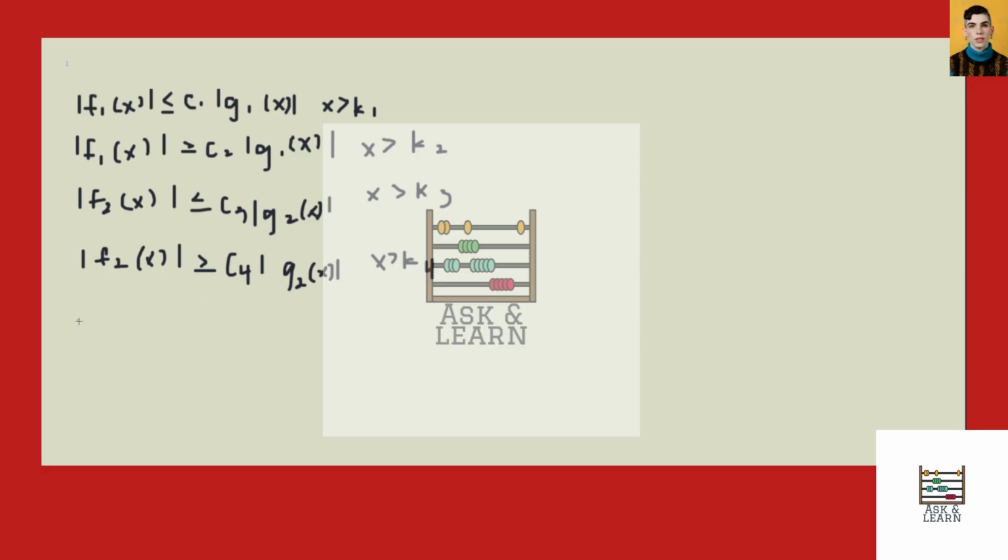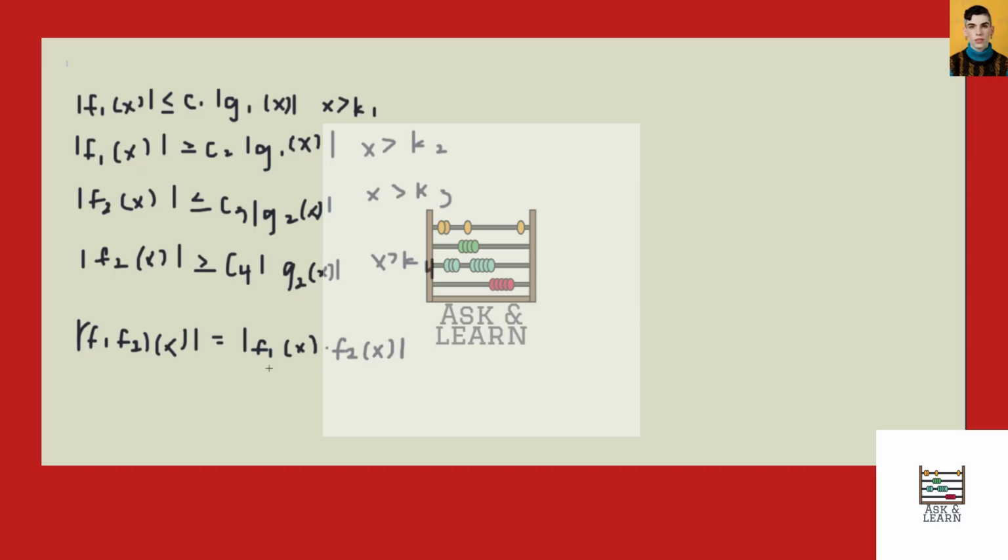So we have the absolute value of f1f2 of x, which is equal to the absolute value of f1(x) times f2(x).